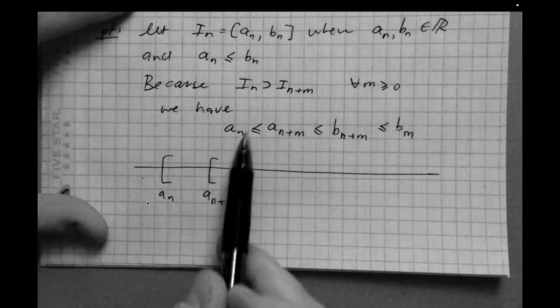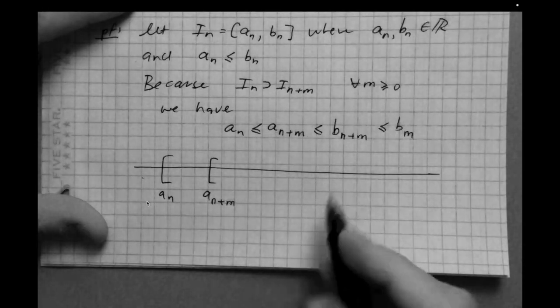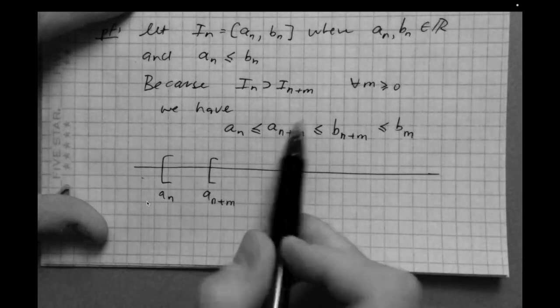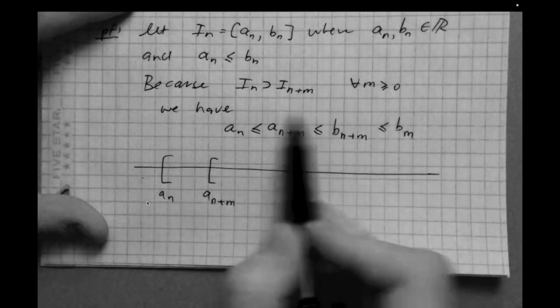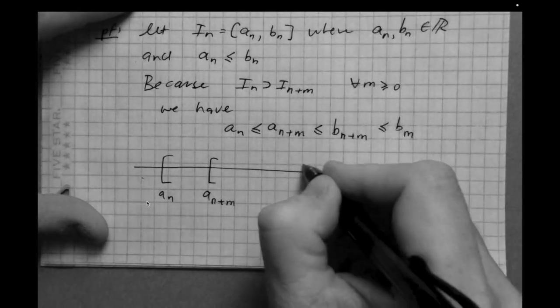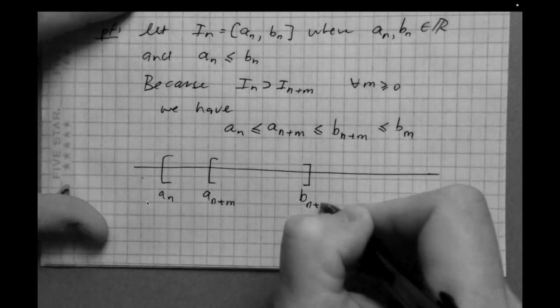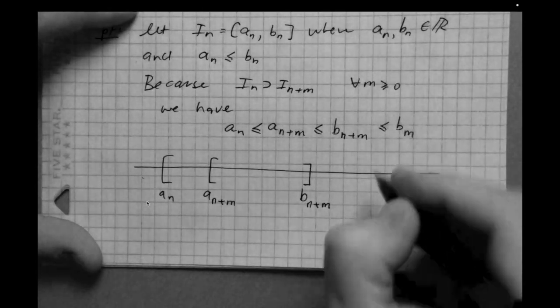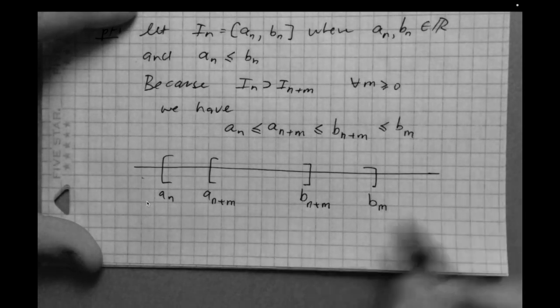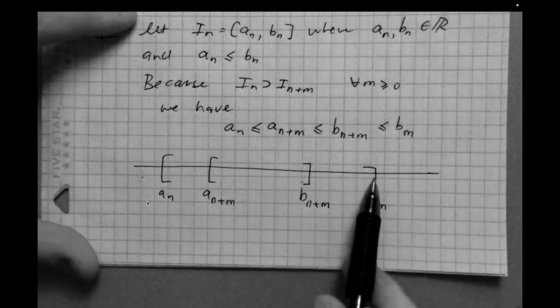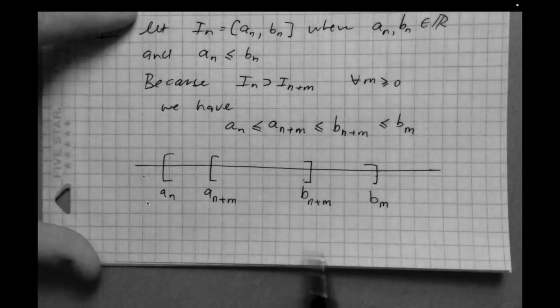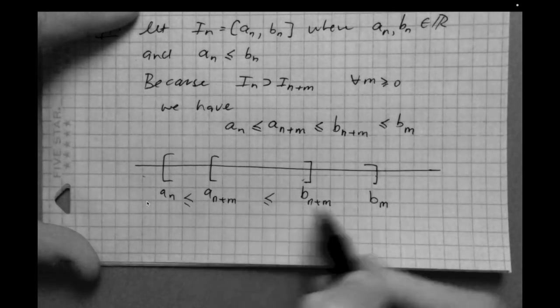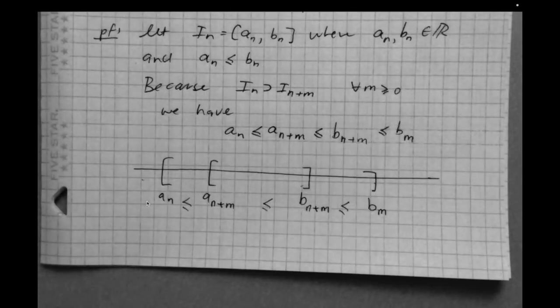So a sub n is less than or equal to a sub n plus m. And then b sub n plus m would be the right-hand endpoint of the n plus m interval. So it's over here somewhere. And then b sub m has a smaller index, so it's going to be to the right of this one. So you have this. If we have this nested interval situation, then this is necessarily true.